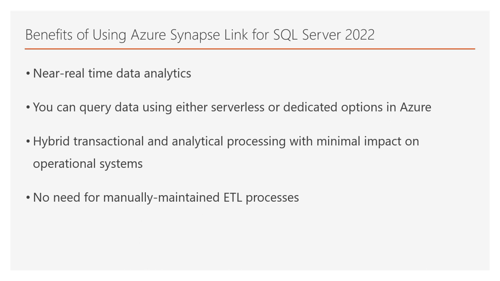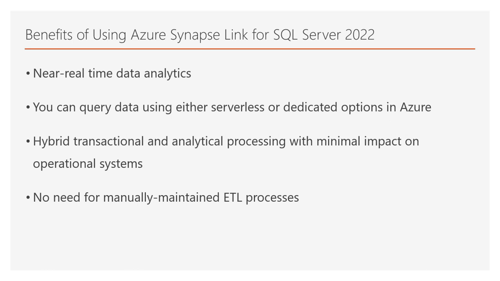Also, there is no need for manually maintained ETL processes when using the Azure Synapse Link for SQL Server, since by the time the data is maintained on the Azure platform as well, you can make use of all those mechanisms available in the Azure Synapse Analytics platform. So in such a case, you won't need to implement the traditional ETL processes for performing data analytics.